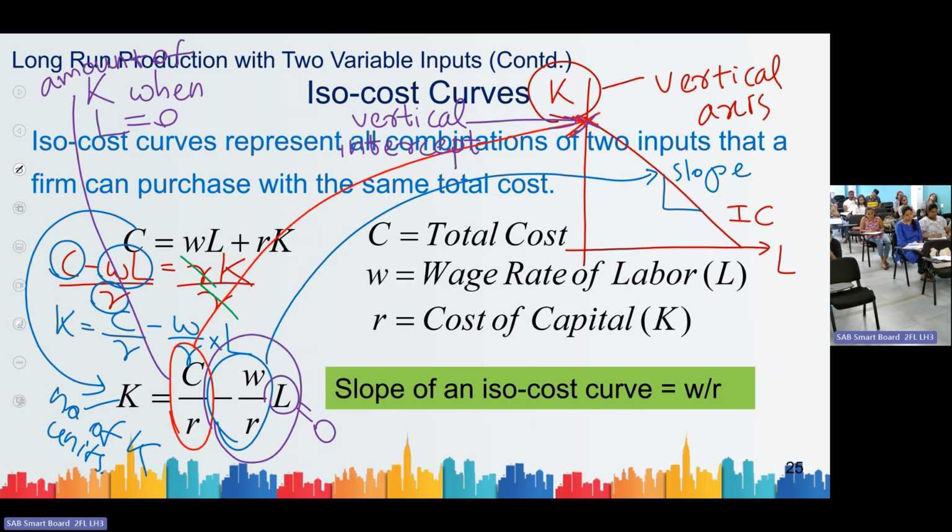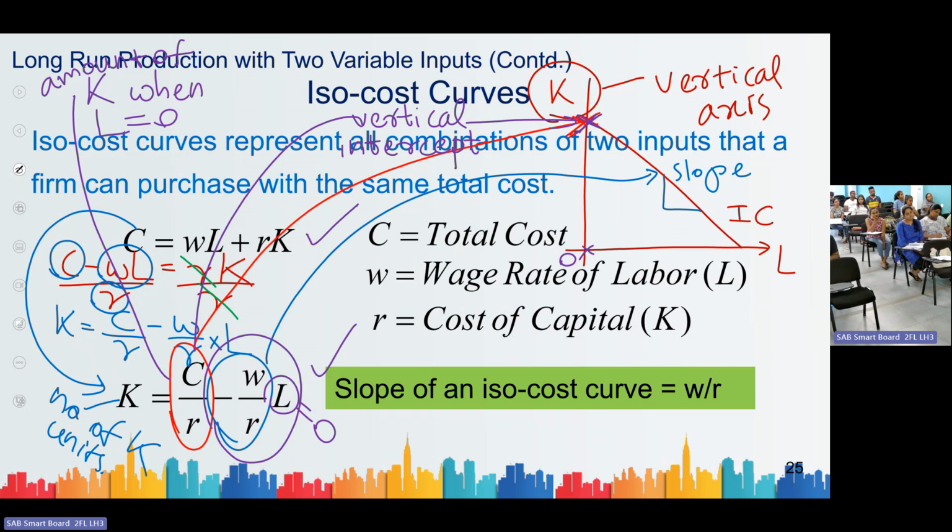That C over R is the amount of capital when labor is 0. When the labor amount is 0, capital input will be this much, which is the vertical intercept, computed as C over R. Okay, that is the mathematical expression for the isocost curve, with an intercept and a slope.